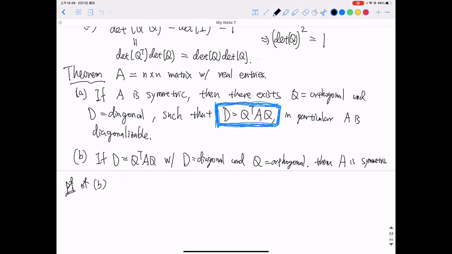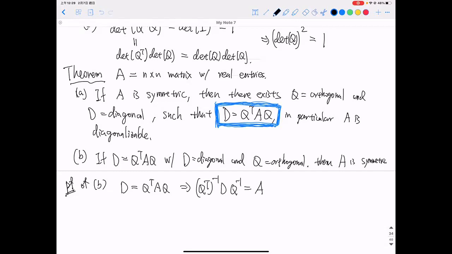Now B is just a check, right? So how do we do this? We are saying that A has this property that D equals Q transpose AQ, but that implies A is equal to Q transpose inverse D Q inverse.